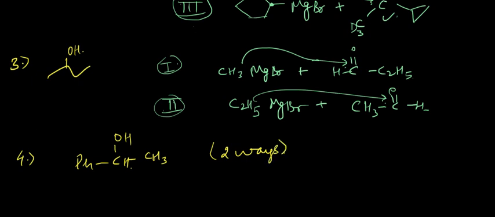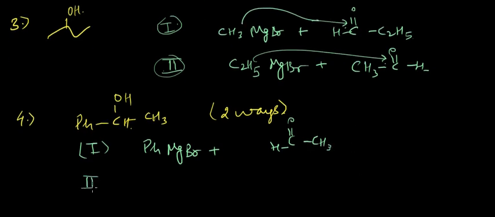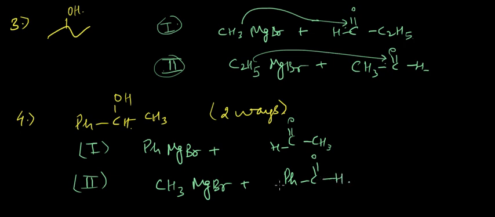Because in one case I can have PhMgBr as a Grignard reagent and C double bond O, H and CH3 as my substrate, and in the second case I can have CH3MgBr as my RMgBr or Grignard reagent, and I can then have this as my substrate.